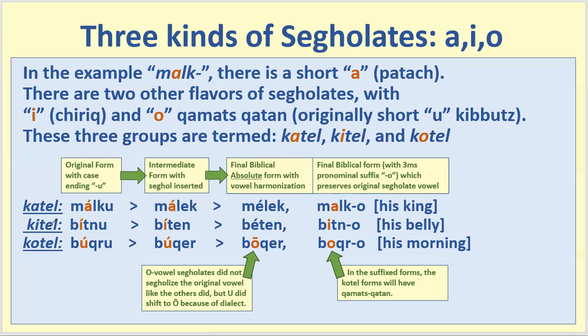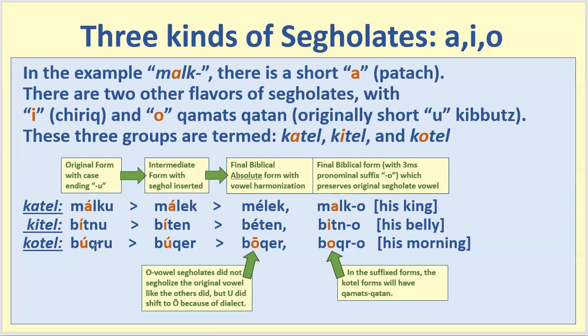The kittel form is going to have a chirik in it, and here we're using the word beten, which means belly. Its original form with a case ending would be something like bitnu, which turns into biten, and ultimately beten. But then when we add a pronominal suffix, that chirik comes back, bitno, his belly.